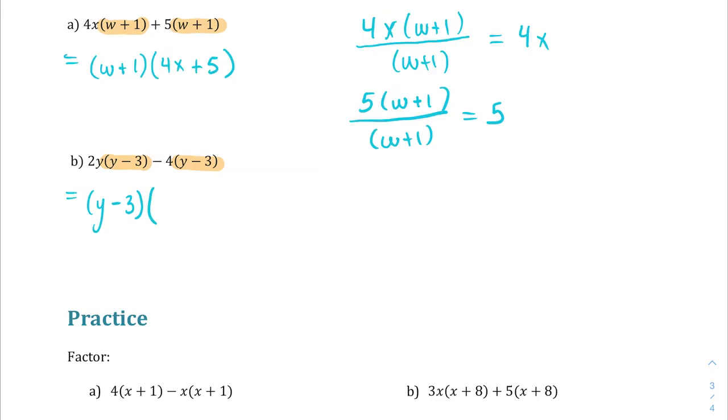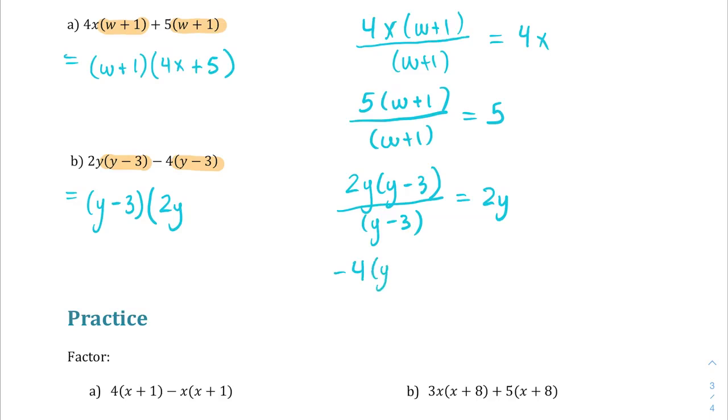Now to figure out what we need to multiply by, again, if you like to think of divisions, you could write 2y(y - 3) divided by y minus 3, which is just 2y. And for the next term, you have negative 4(y - 3) divided by y minus 3, which is negative 4.